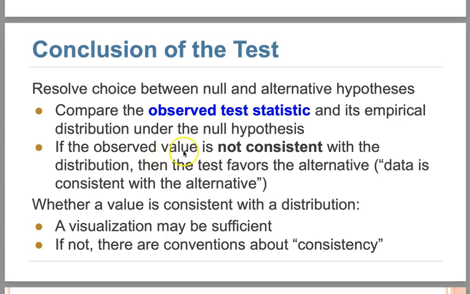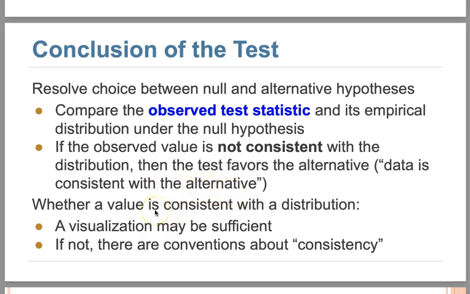If the observed data is not consistent with the distribution, then the test will favor the alternative, because the model doesn't reflect the observed data. The data is not consistent with the model, but the data is consistent with the alternative.